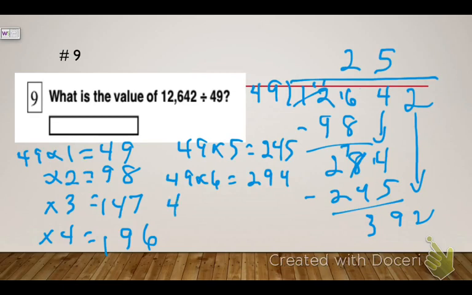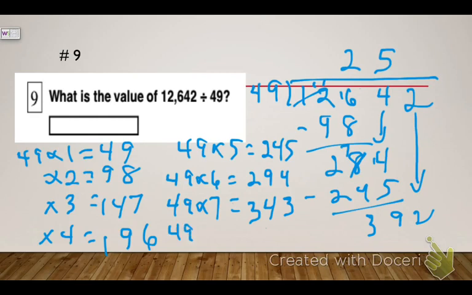So we got 49 times 7. And 49 times 7 would give us 343. We'd have to do 46 again.